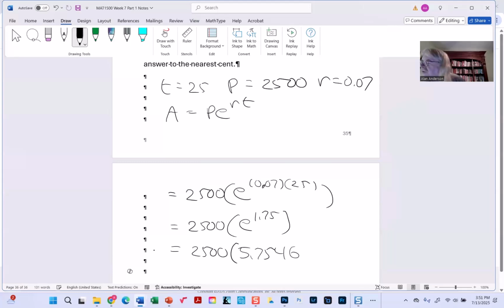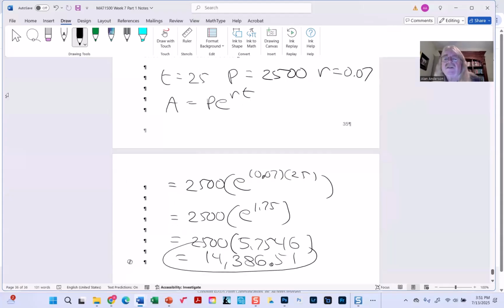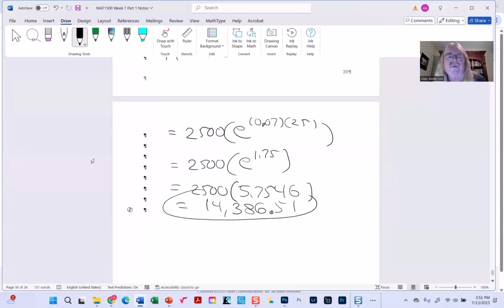That's probably good enough because we only need dollars and cents. So 14,386.51. And again, remember, this would be rounded to dollars and cents. The bank is not going to give you fractions of a cent.